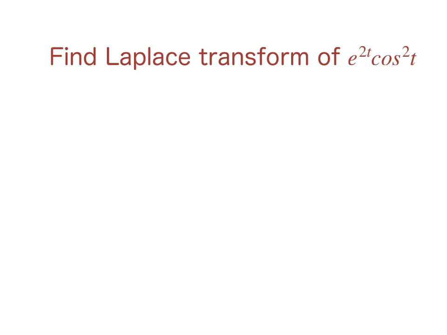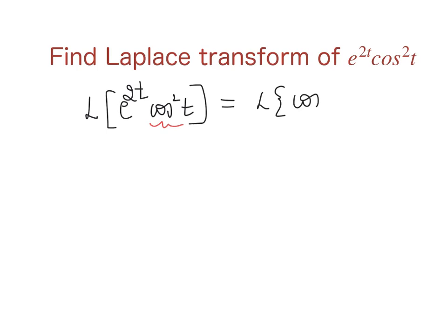According to the shifting property, f of t is cos square t. So we have to find the Laplace transform of cos square t. Then we shift s to s minus a, where a is 2. So s to s minus 2.